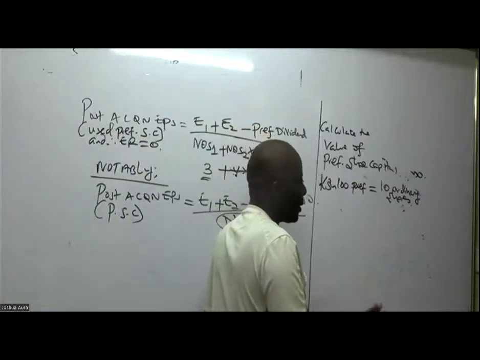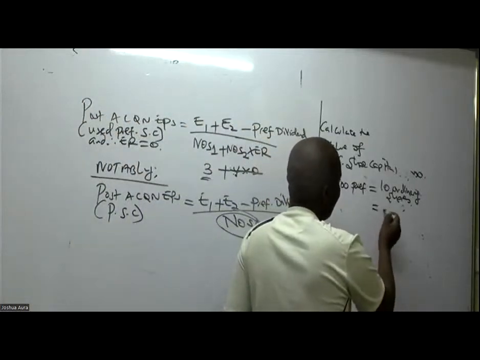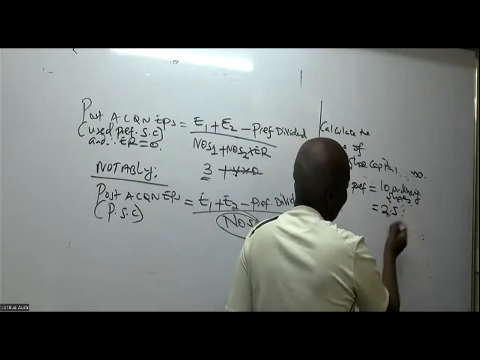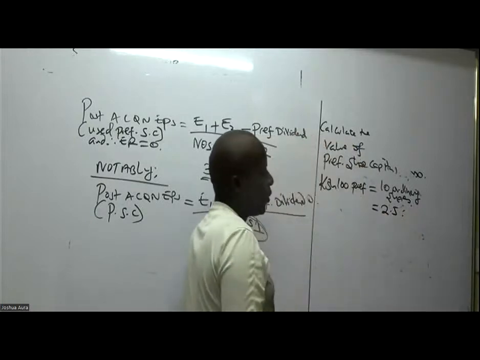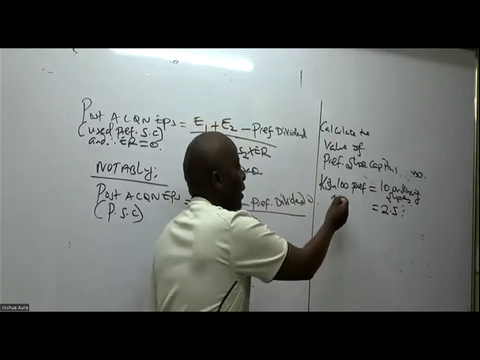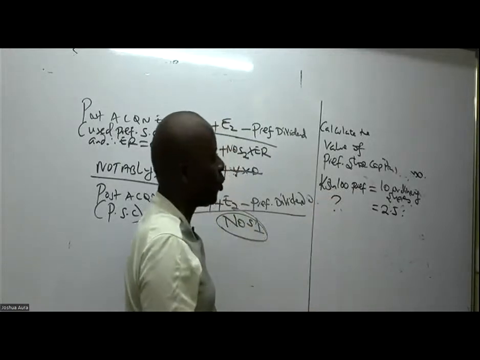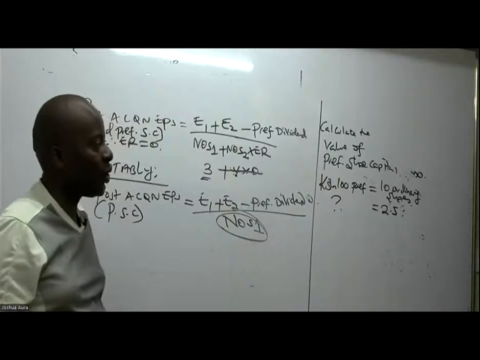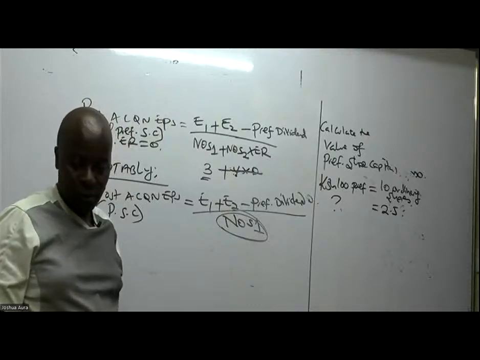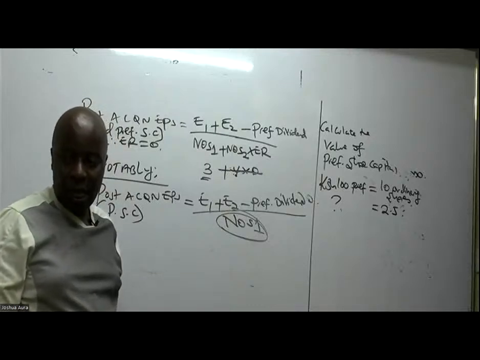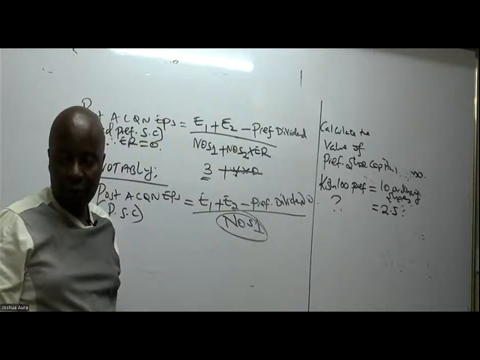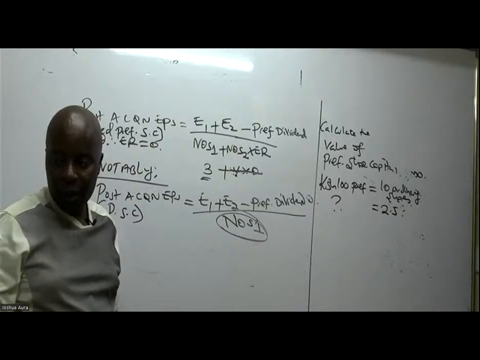They're in thousands or in millions, but I don't have to change them. So could you kindly tell me how much this will amount to in terms of preference share capital? PSC means preference share capital.